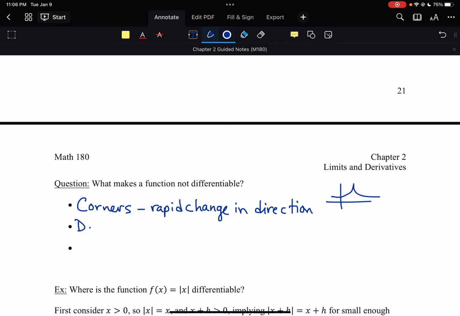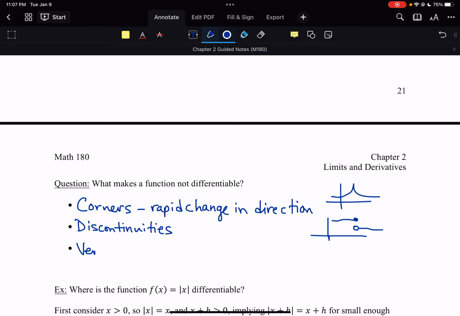Of course, discontinuities, right? If it's not continuous, it certainly won't be differentiable because it's not even continuous there to begin with. So if you have something like this where the graph breaks like that, this is not continuous and it's not differentiable.